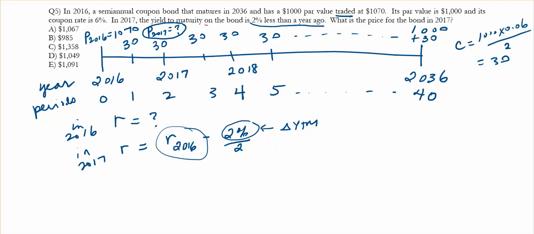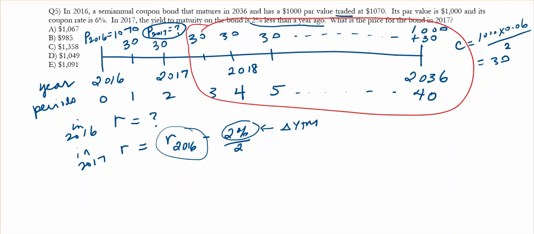And when I price the bond, it's going to be the present value of all the cash flows that will come after someone would buy the bond on January 1st or beginning of 2017. I guess the problem doesn't say it's January 1st, but we just can pick the same date within each year so that whole years are going by between each date.